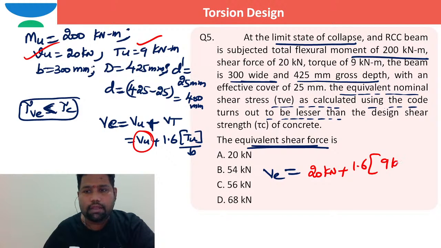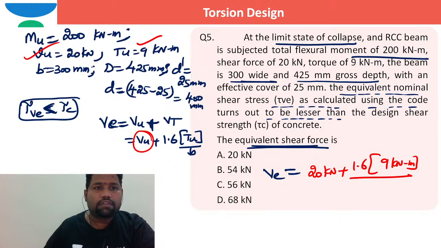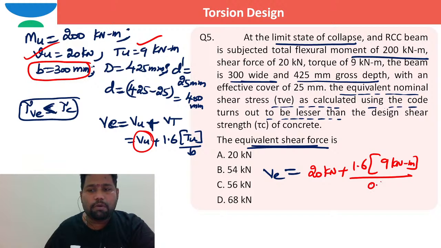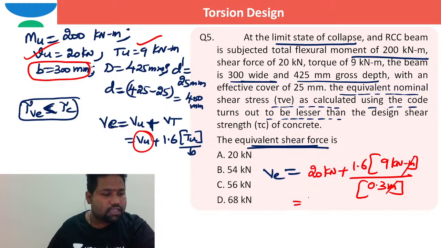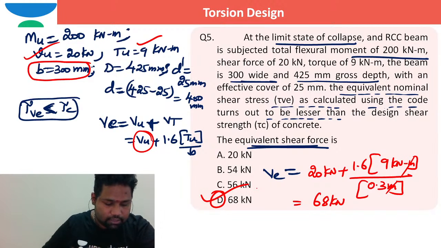So 9 kilonewton meter divided by b, the width of the section, which is 300 millimeter. In terms of meter, it is 0.3, because I need to maintain consistency of units. Here it is meter, here it is meter. These two will get cancelled. The final answer will be in kilonewton only. So if you do this, the answer will be 68 kilonewton. So you can pick option D. This is how you can do it.